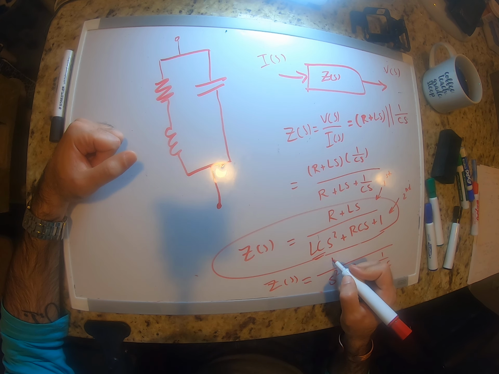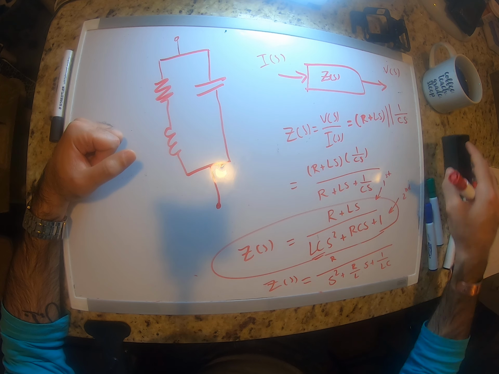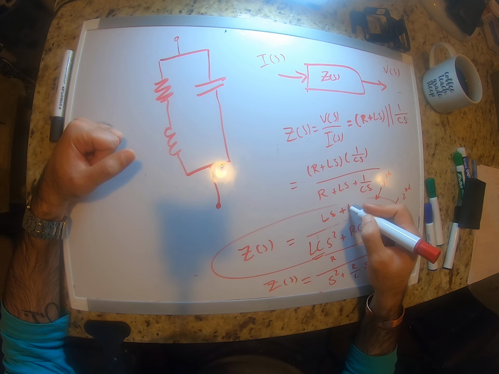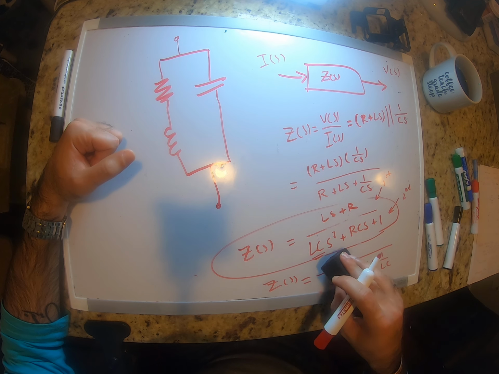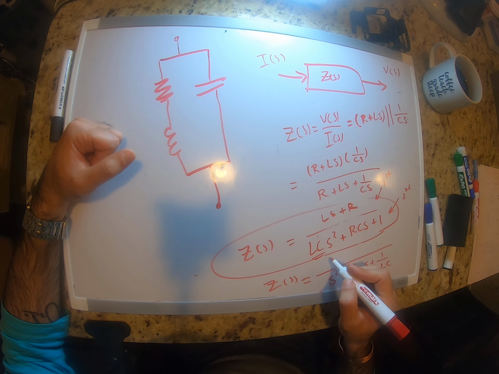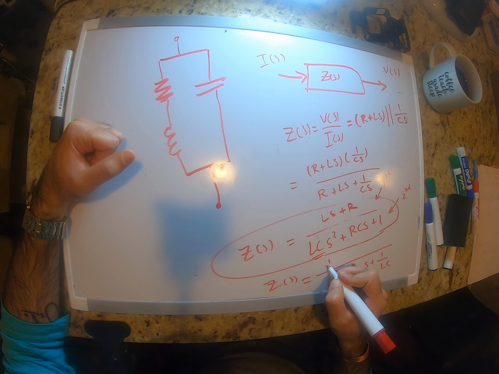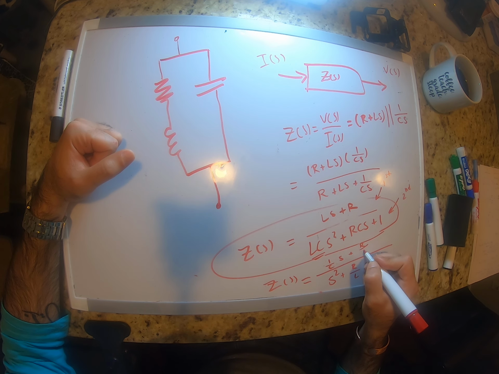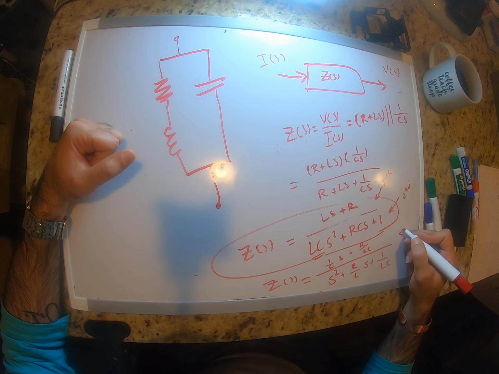The numerator, let me write this one as LS plus R, divided by LC, is going to be 1 over C times S plus R over L. We call this the standard form of the transfer function.